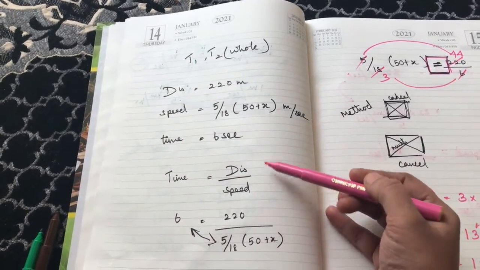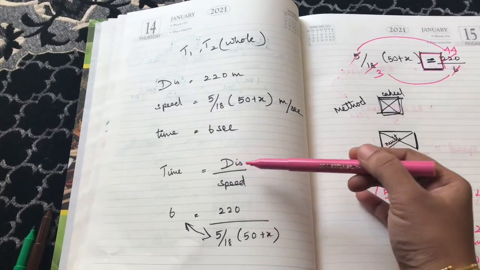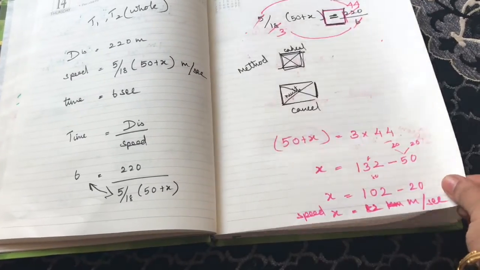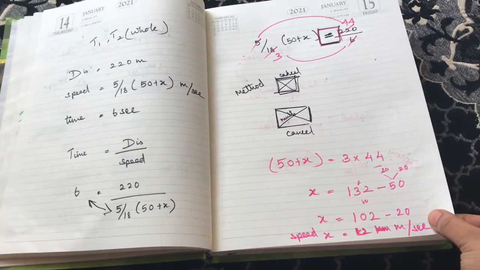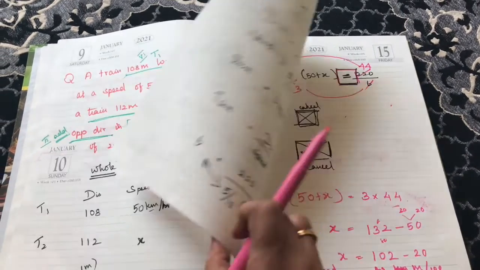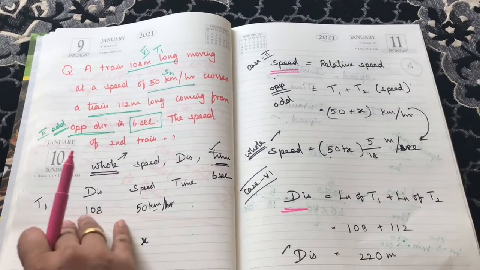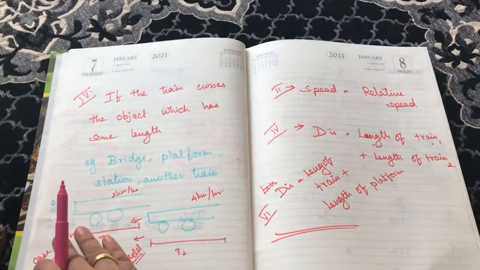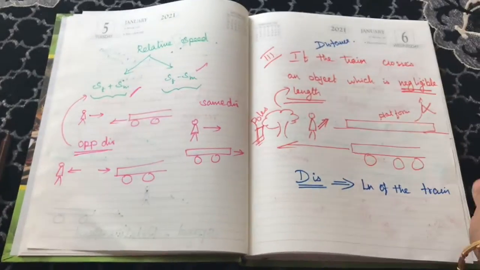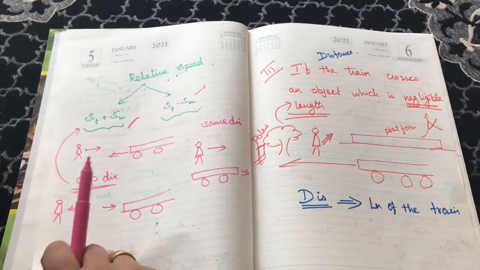From this we can say time equals distance by speed. Just substitute it and you will get the x value as 82. So in the options you can pick 82. So this is all about train problems. Okay, it's very easy and very simple too.